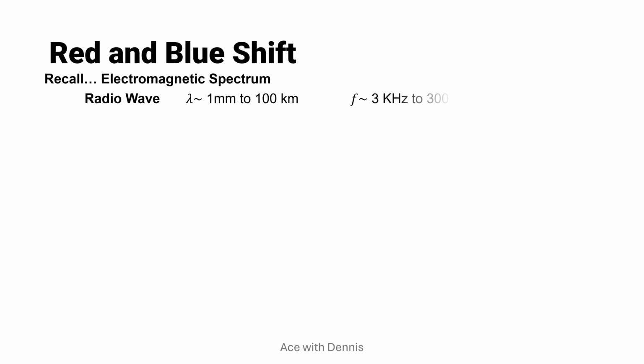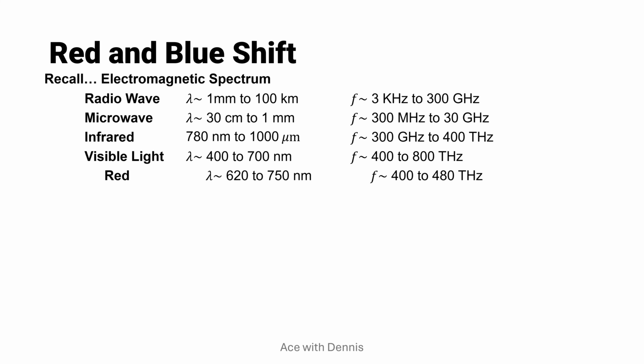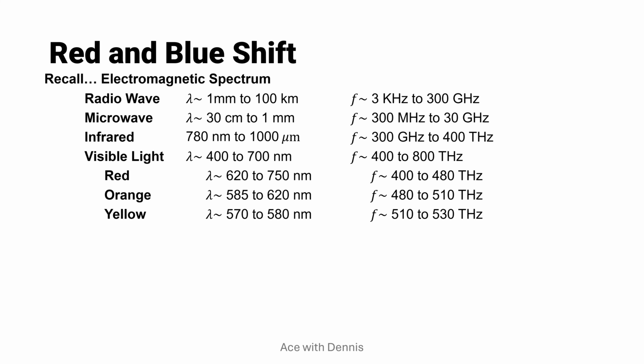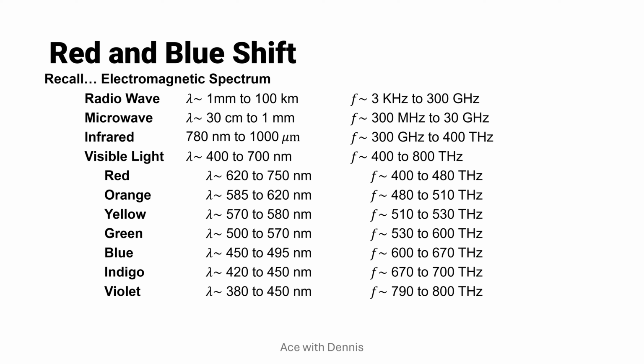Now we'll talk about the red and blue shifts. Let's recall the electromagnetic spectrum, which we have learned in the electromagnetic waves chapter. The first wave is radio wave, followed by microwave, infrared, and visible light. Visible light consists of 7 colors. The first color is red light, then orange, yellow, green, blue, indigo, and violet.